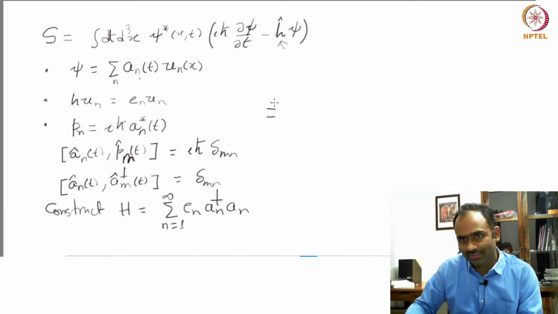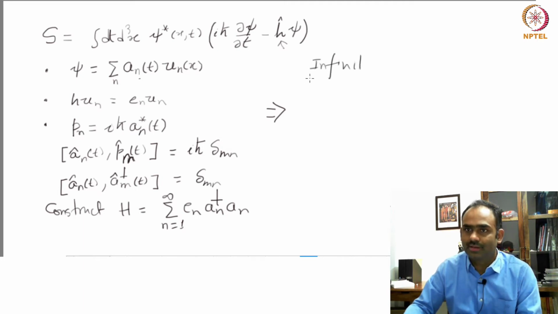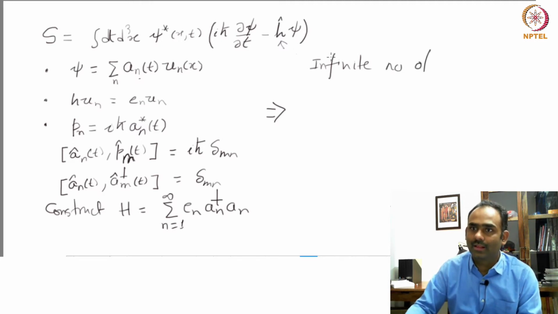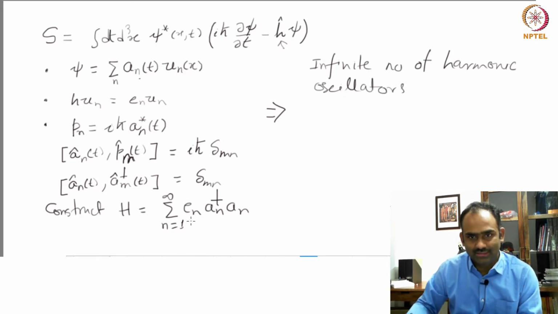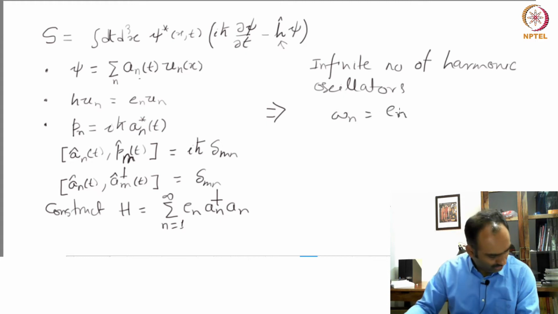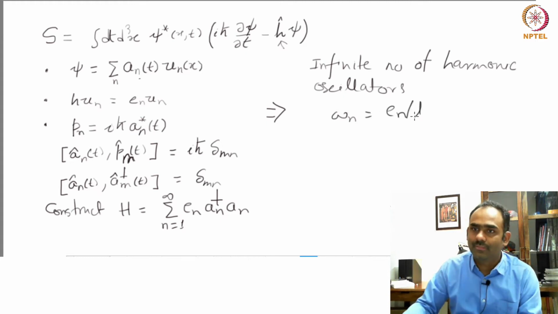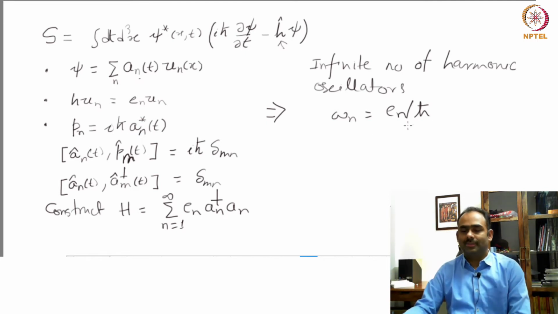So the description of this quantum system is that of an infinite number of harmonic oscillators. And these oscillators have different frequencies. So the frequencies are omega_n is E_n over h bar, where h bar is the Planck's constant.